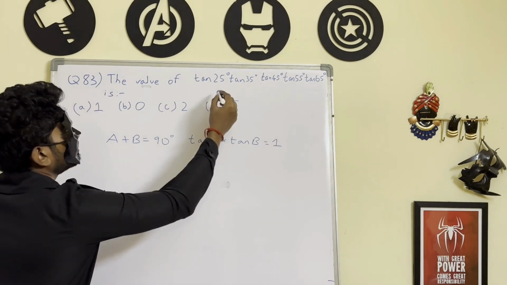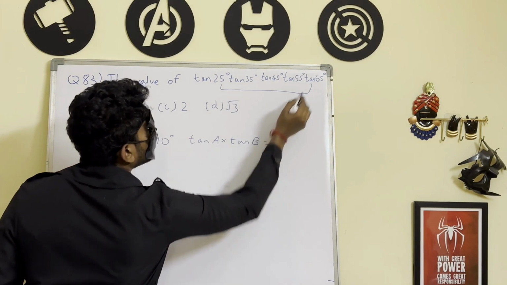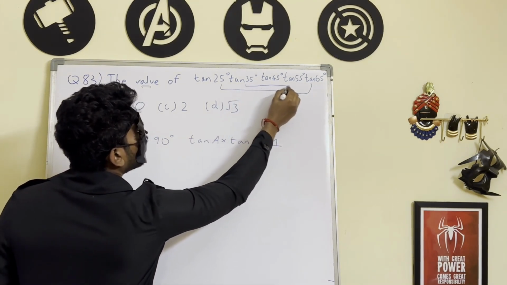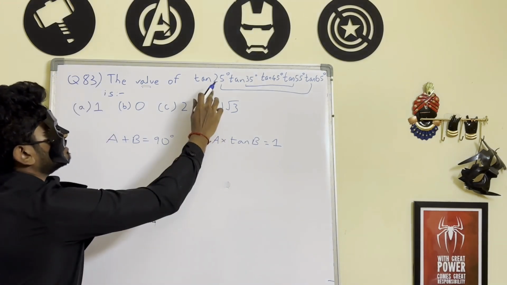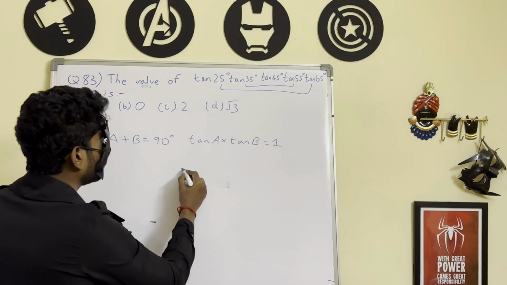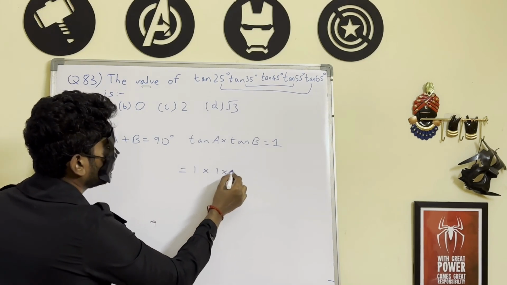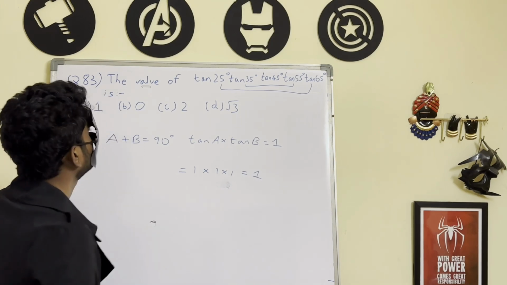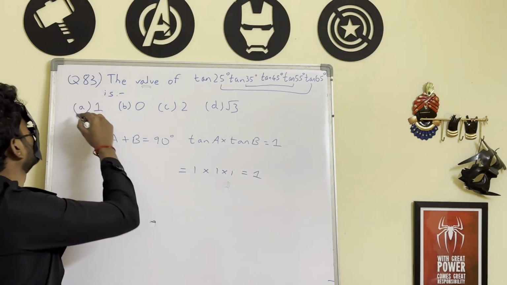So here these two will add up to be 90 and these two will add up to be 90, and tan 45 value we also know is equal to 1. So this will be nothing but 1 into 1 into 1, which will be equal to 1. So option A is right.